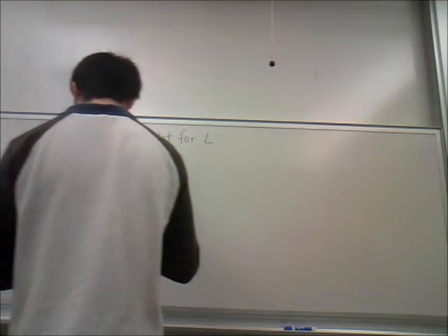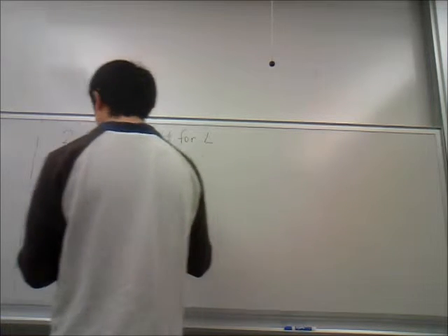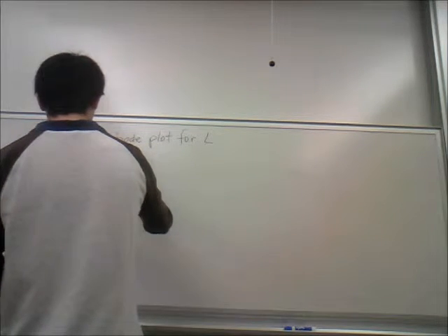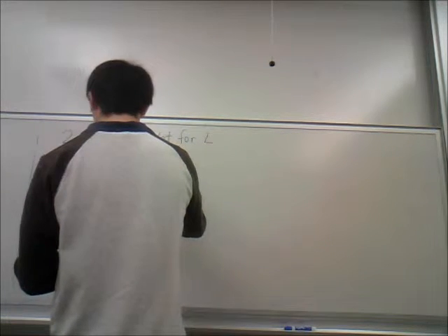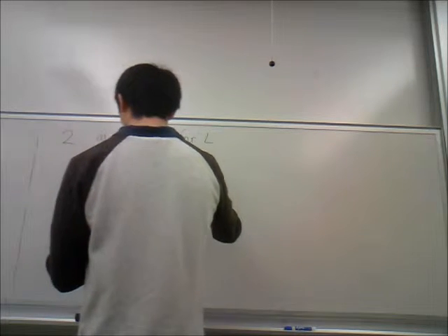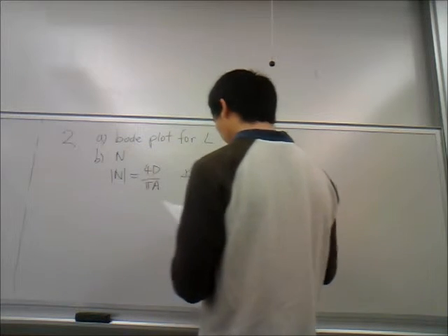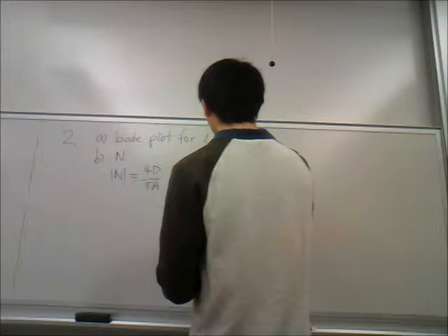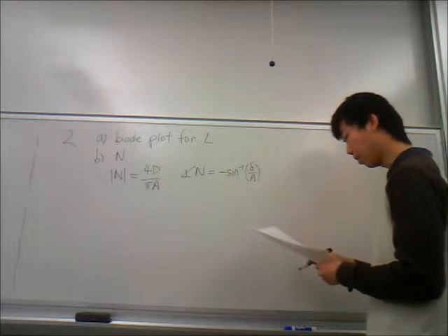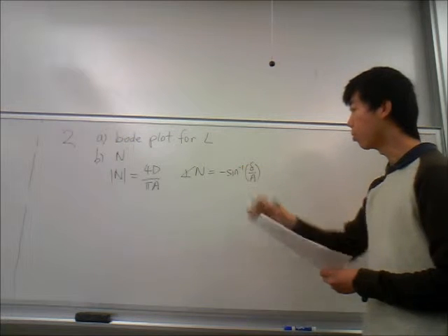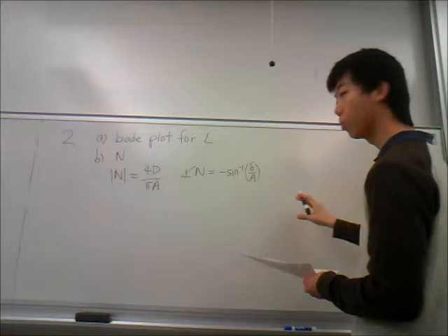For hysteresis, we showed this in class that the magnitude of N is 4D over pi A, and the phase of that is the arc sine of delta over A. So what we want is essentially to draw the Nichols chart.